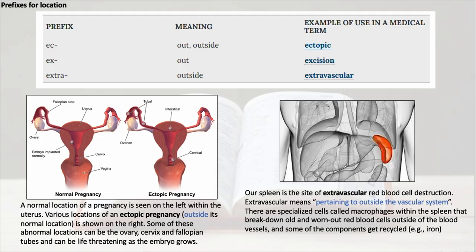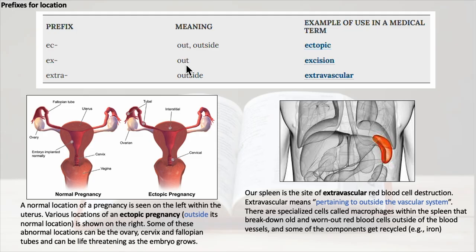So when you see this prefix ek here, remember it means something that's located outside or out of its typically normal place. And that can signal an issue. Now, ex also refers to out, but also away from, outside as well. And it's similar to ek, and it's often used in general terms in anatomy.